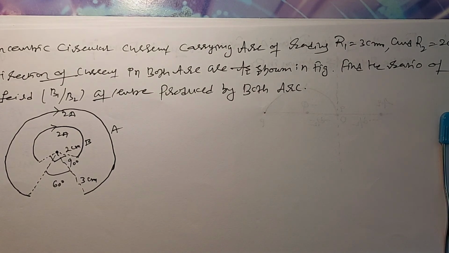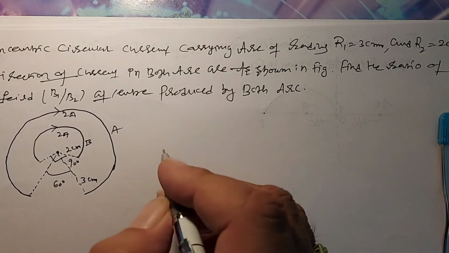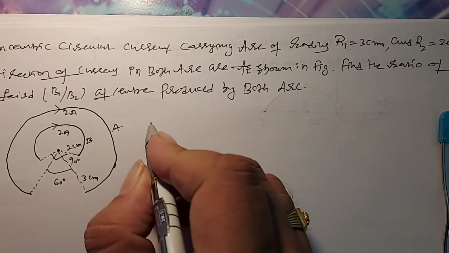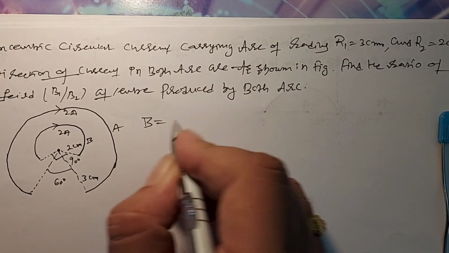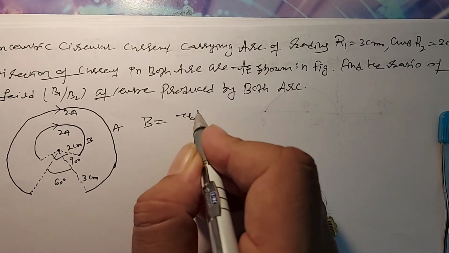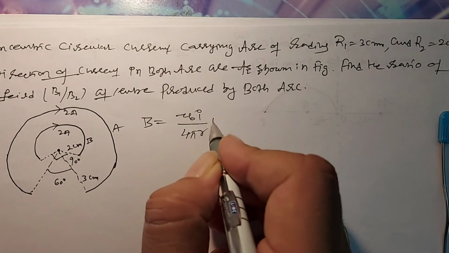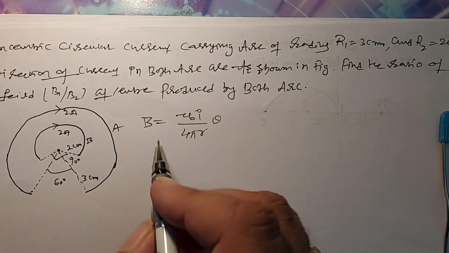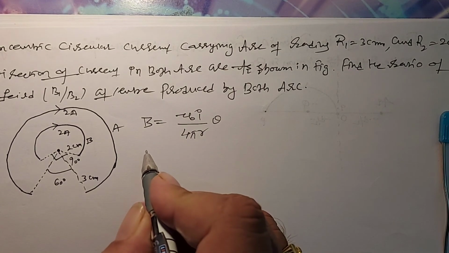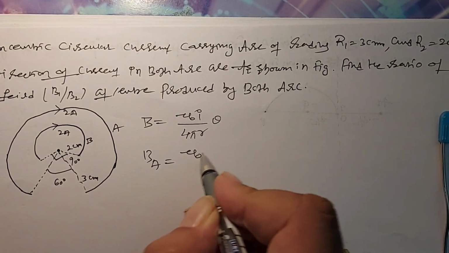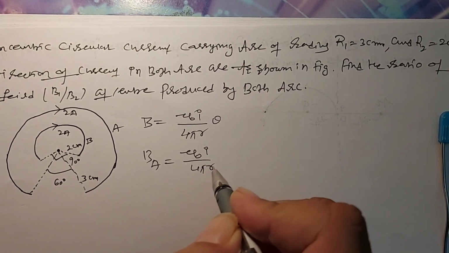The magnetic field at the center produced by an arc is B equal to mu naught I by 4 pi r into theta. Now, the magnetic field produced by the bigger arc at the center, BA, is equal to mu naught I by 4 pi r into theta.